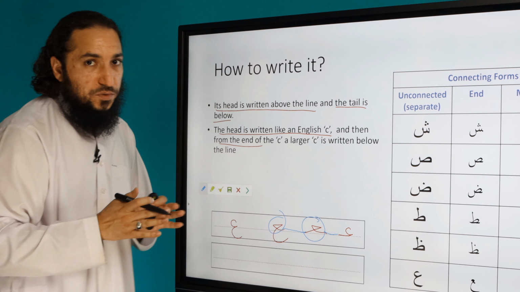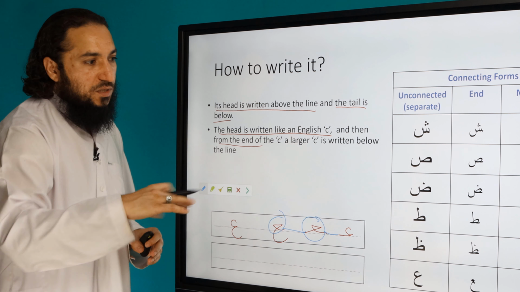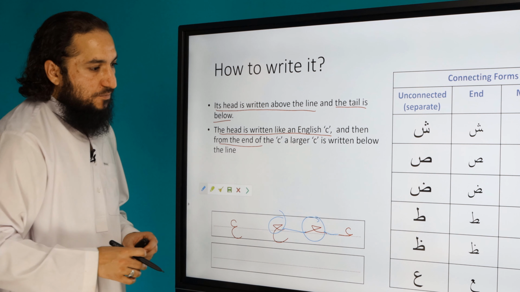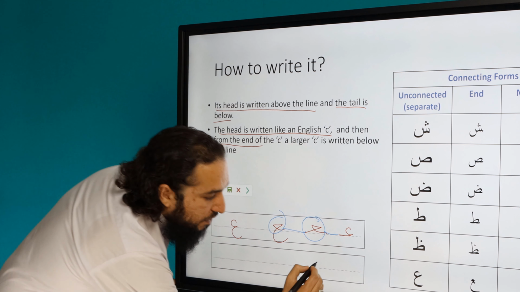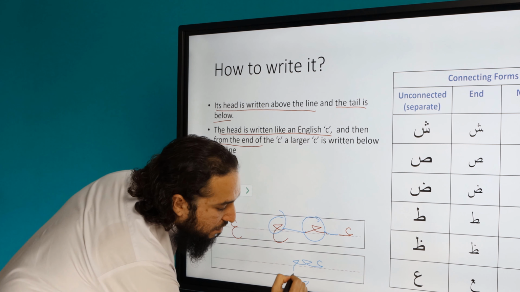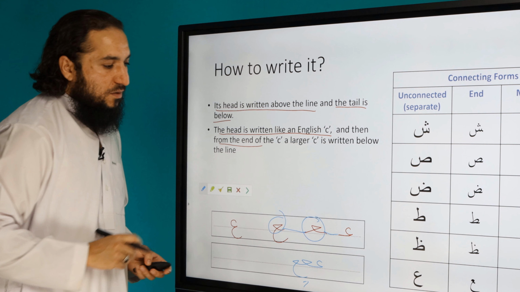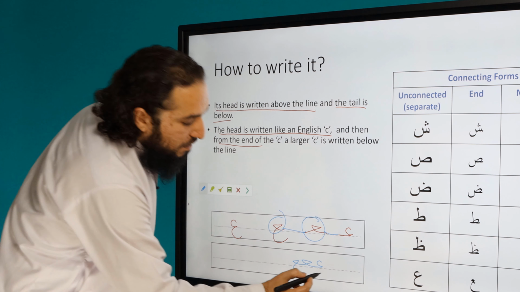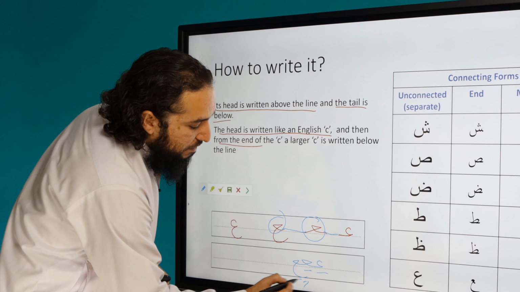You should be able to differentiate between them when you see them in real examples. Write it and connect it like this, in all three ways: the beginning part, middle part, and the end part.